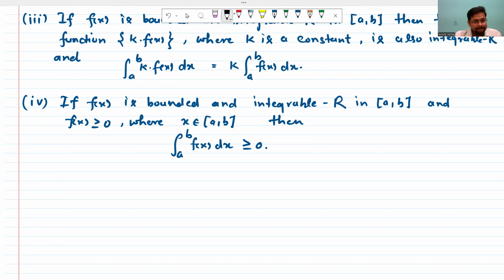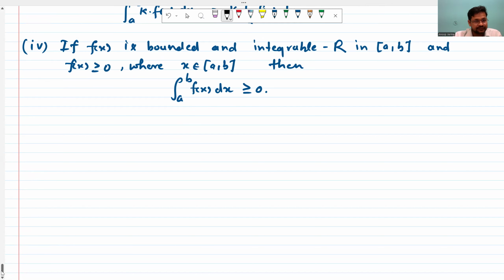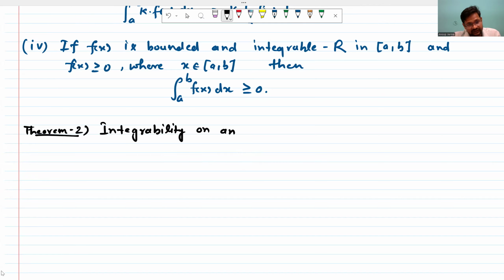Now theorem 2, for integrability on an interval union.